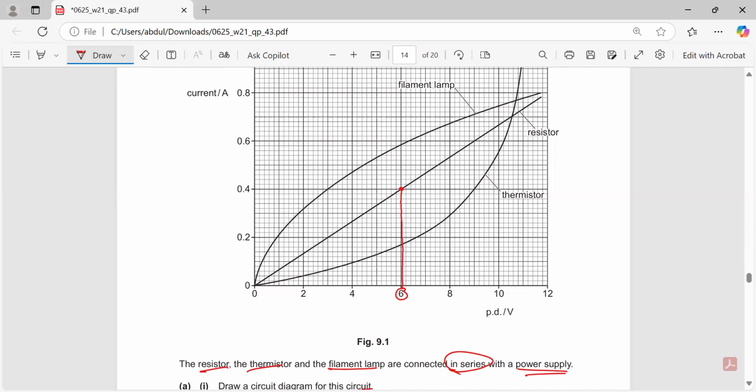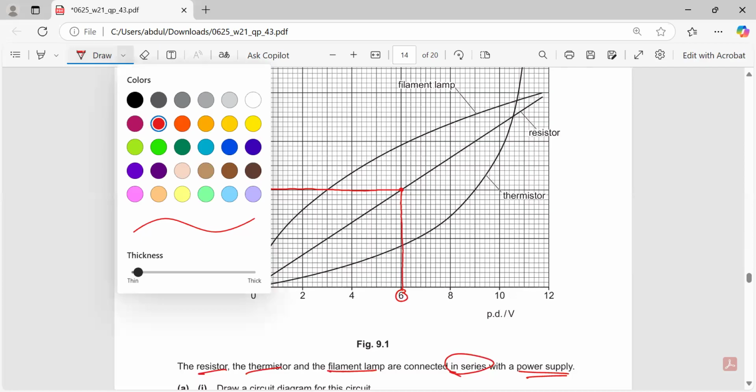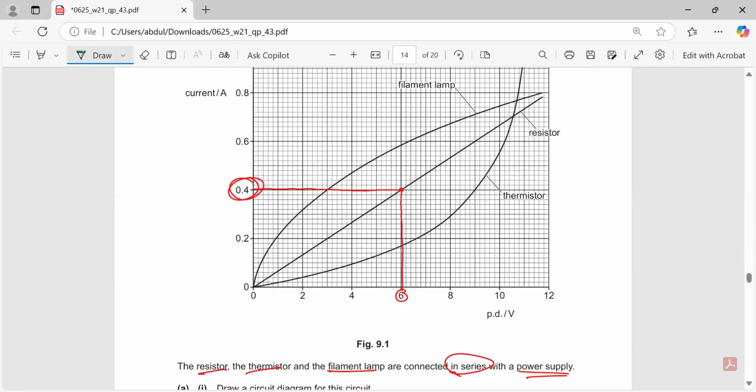So 0.4 ampere is the current flowing through the resistor. The same current will be flowing through the thermistor.